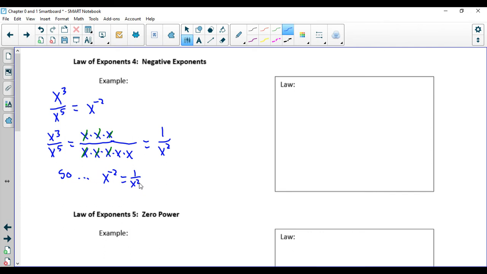So the bottom line, the law that we're going to put in this box, is to make a negative exponent positive, move it to the opposite part of the fraction.